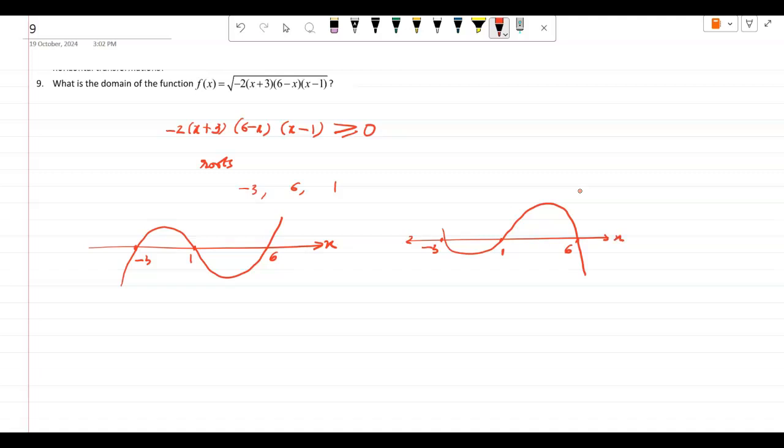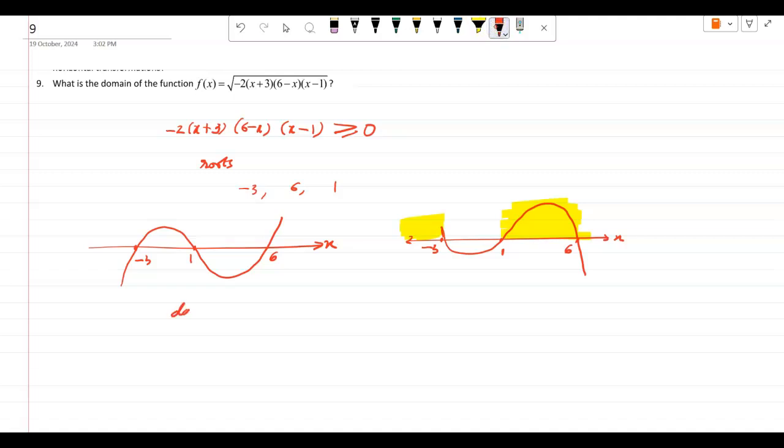So what is the domain now? It should be greater than or equal to 0. When is it greater than or equal to 0? At 1 and 6. When is it above the axis, positive?